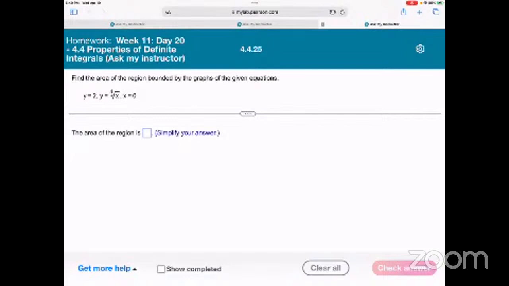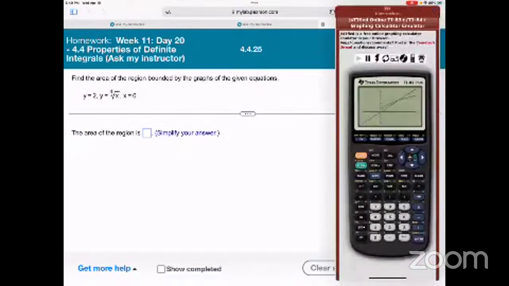Okay, so let's look at these graphs. For instance, we got y equals 2. I'm going to ignore the x equals 0 for right now. We got this 4th root, and the 4th root of x is the same as x to the power of 1 over 4.